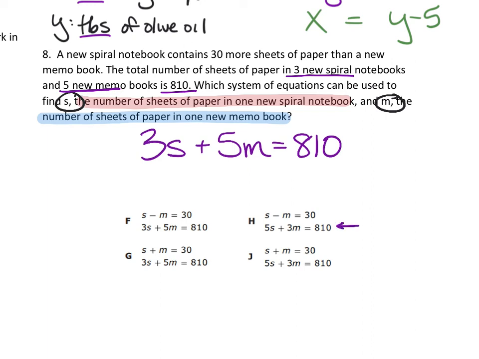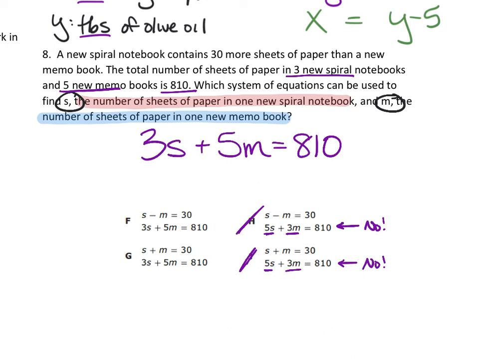Yeah, hopefully you notice that on H and on J, both of those literally just put the wrong kind of variable with the letter. So instead of saying 3S and 5M, they said it backwards. That means for sure we're not even going to pay attention to those anymore. At this point, we have a 50-50 shot of getting this question right. So let's do a little bit more math and reason our way here.